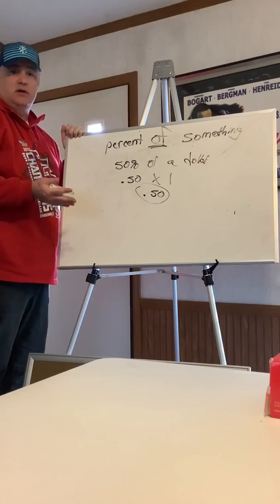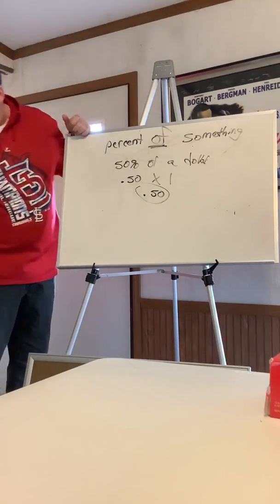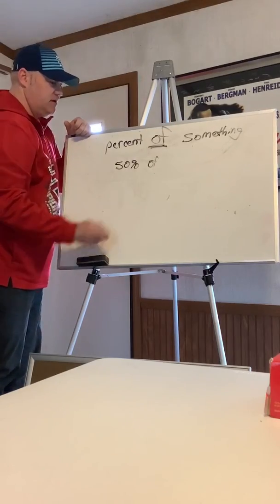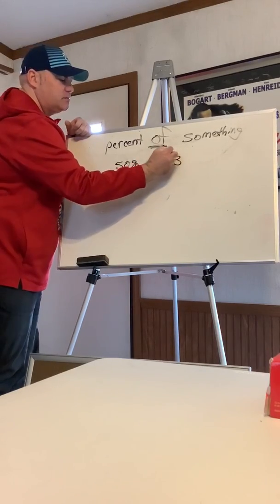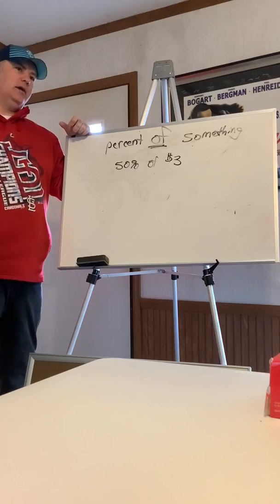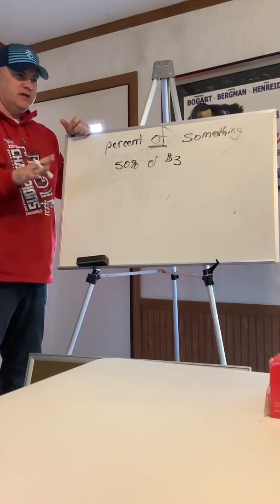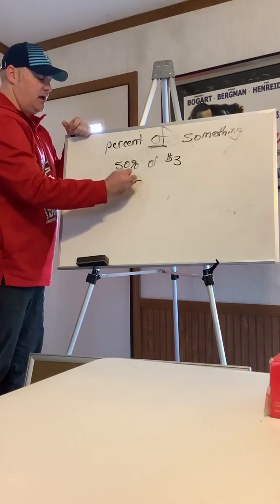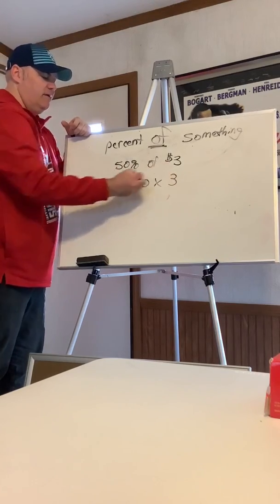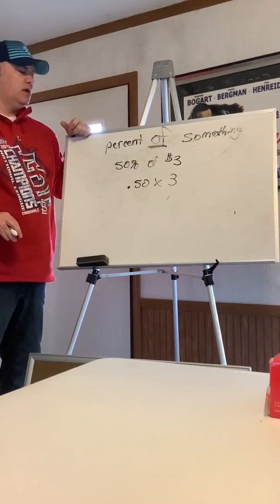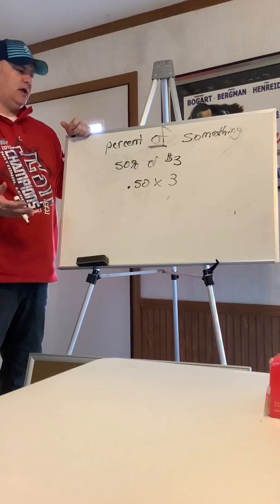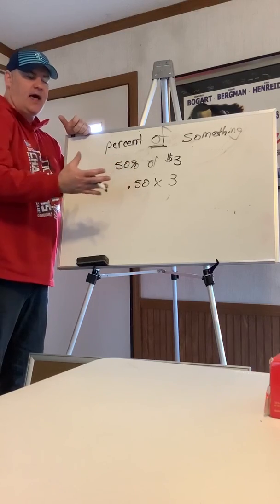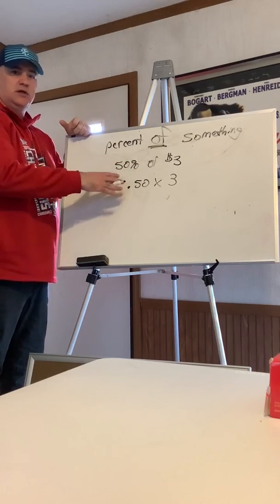But what if I'm doing, like I said, 50% of $3? Now I can't just do the 0.50 and say it's 50 cents. I've got to take $3 and multiply it by 0.50. So this is where we use what we learned in Math Lab to do this problem.